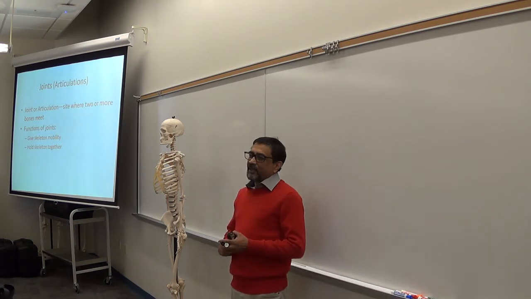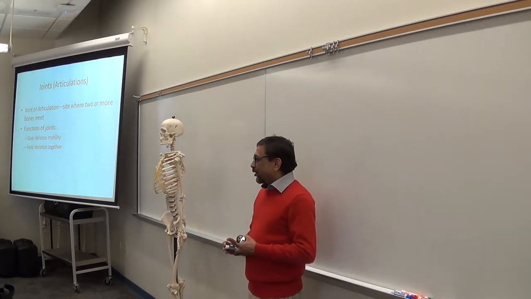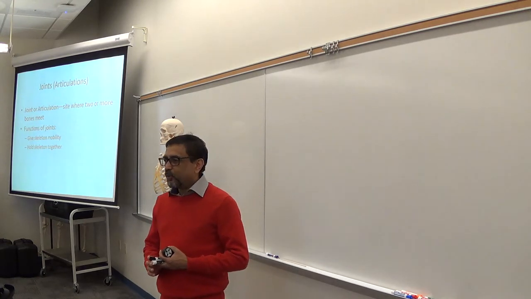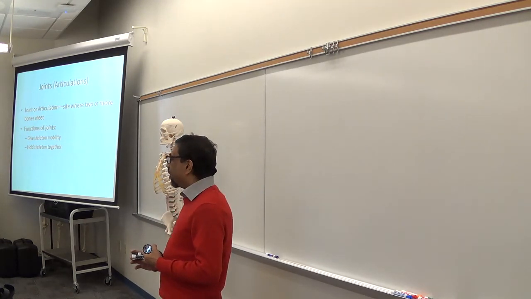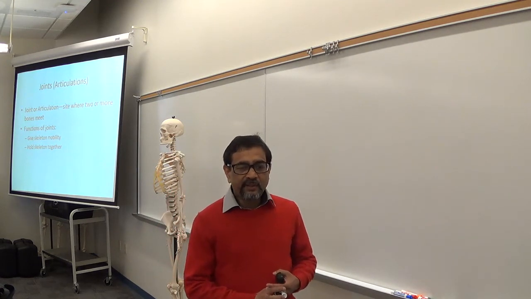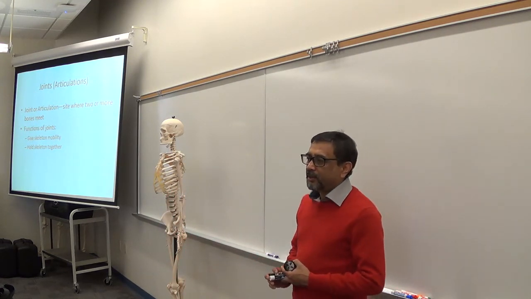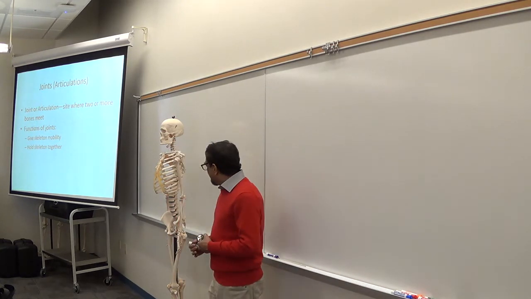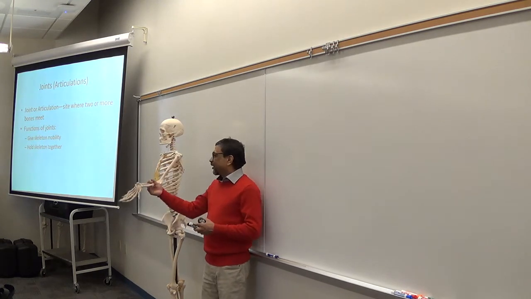A joint is a location where two or more bones unite or meet or articulate. Okay? Joints are also called articulations. Now, you see here, this is the elbow joint, right?